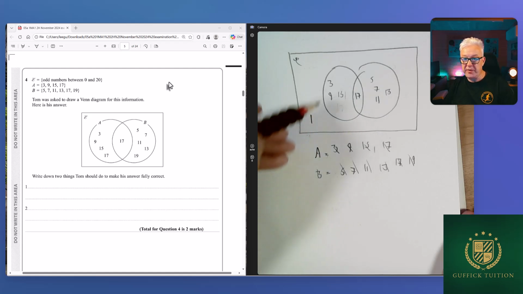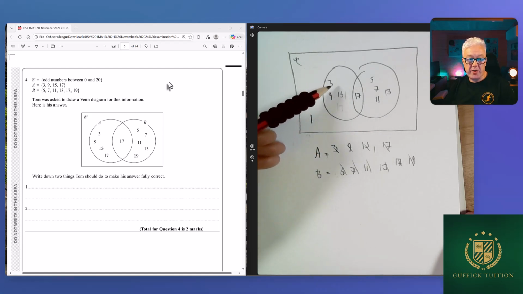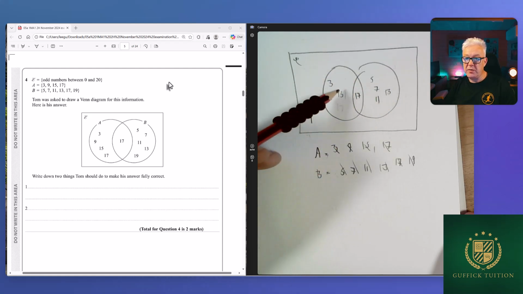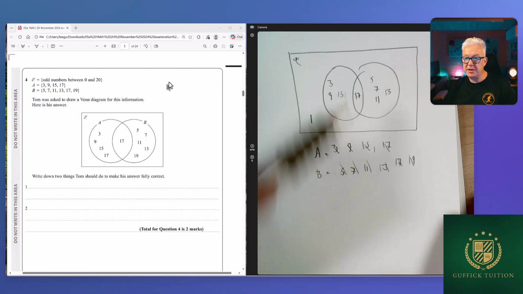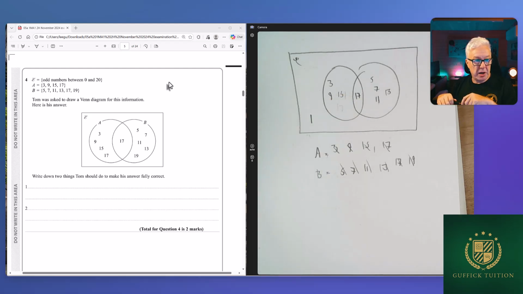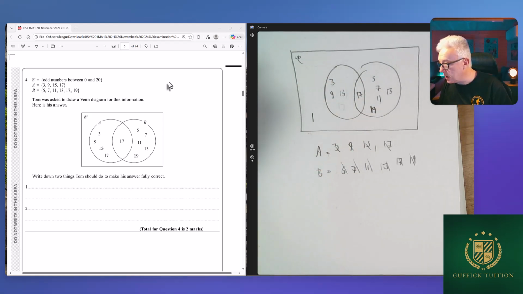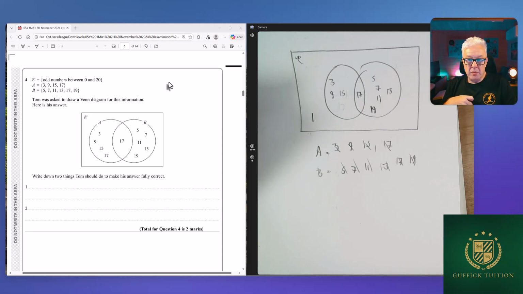We've got 3, 5, 7, 9, 11, 13, 15, 17, and so on. We've got 19 as well. Our 19 is in there. So we've got all of those numbers, but we were missing 1 on the outside. So that is now our correct Venn diagram.